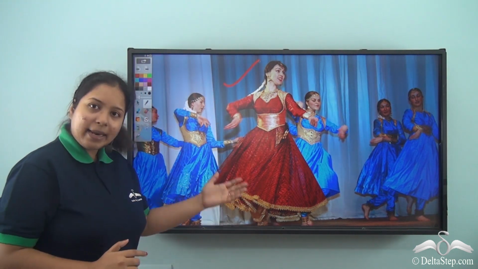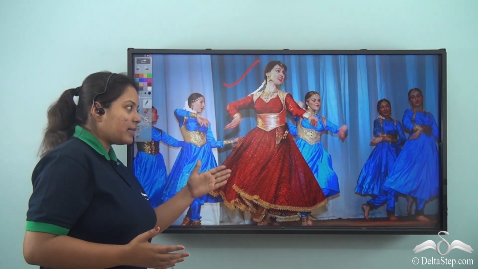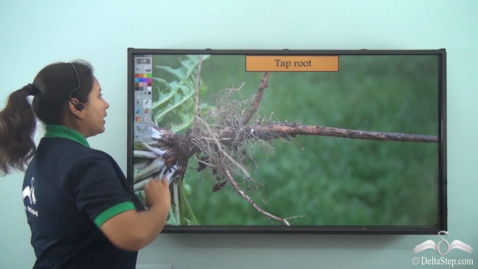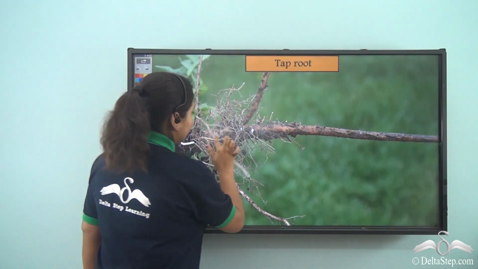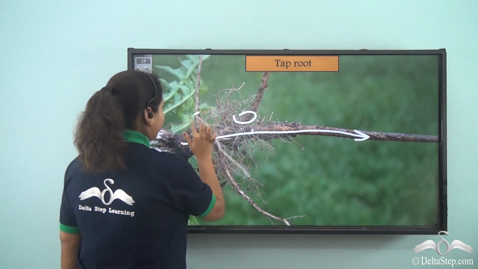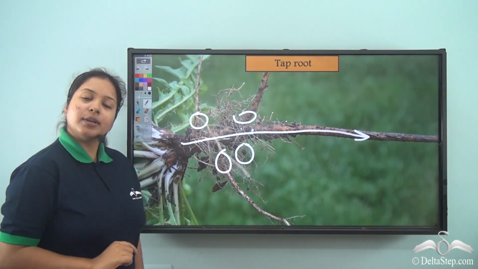She is the main dancer and others are following her. So, she is the leader and others are followers. In the same way, in the tap root as well, there is one main leader or main portion and others follow it. So, this is the type of tap root.